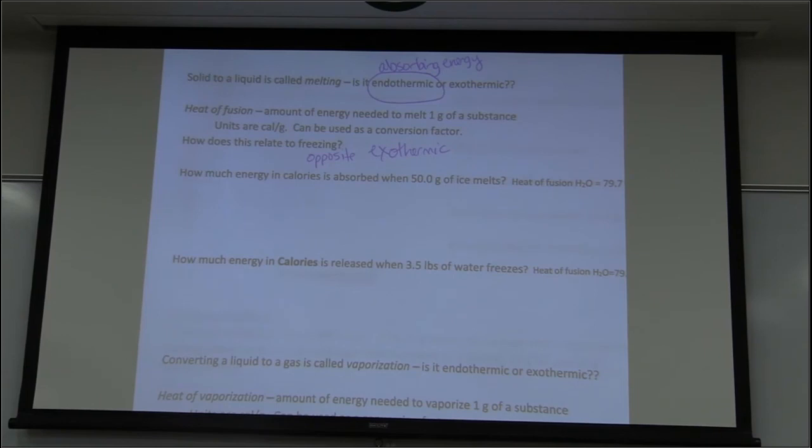But think just for a minute. In order for this liquid water to freeze, what does it have to do? It's got to do what? Release heat. It has to release its heat in order to get cold enough. That's why it's exothermic.